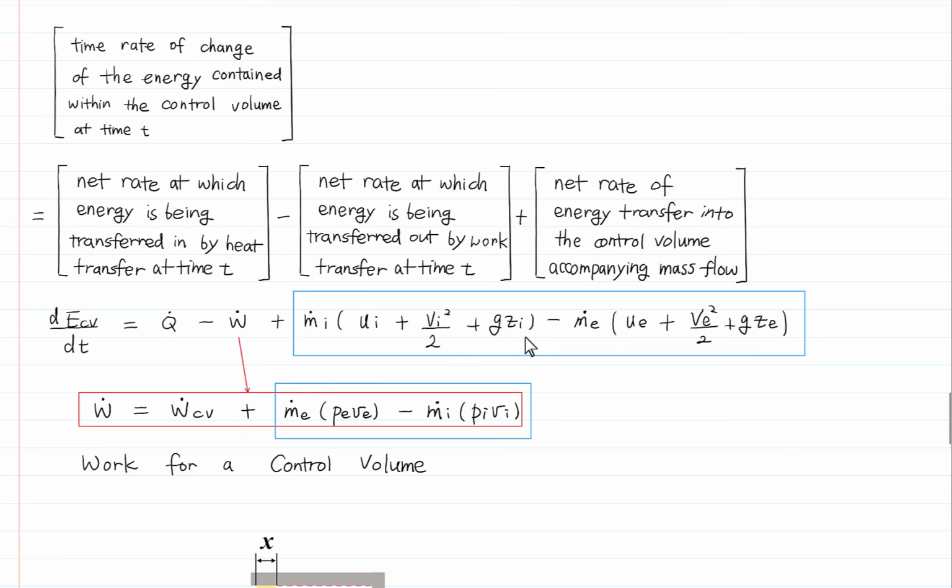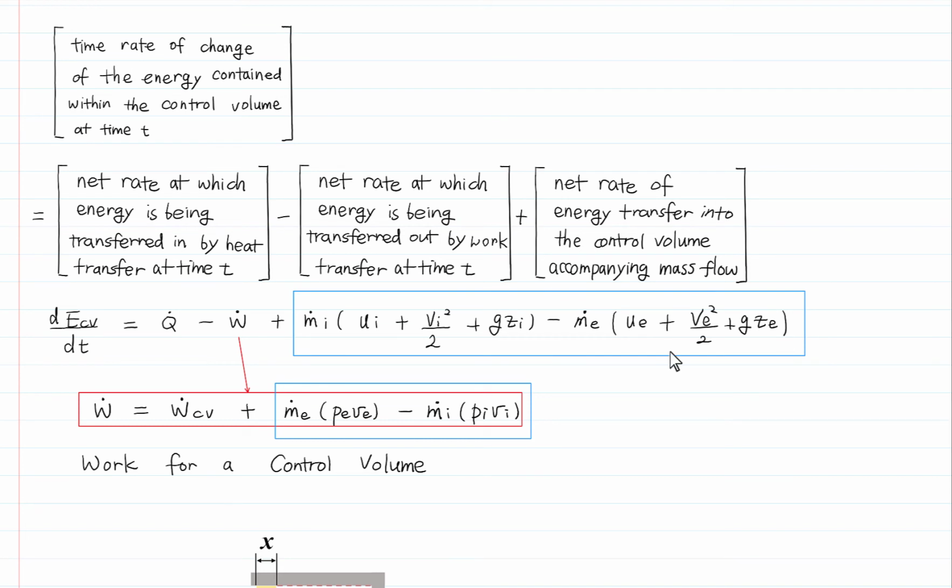These relations indicate the rate of energy transfer into the control volume accompanying mass flow, and this part indicates the rate of energy transfer out of the control volume accompanying mass flow.